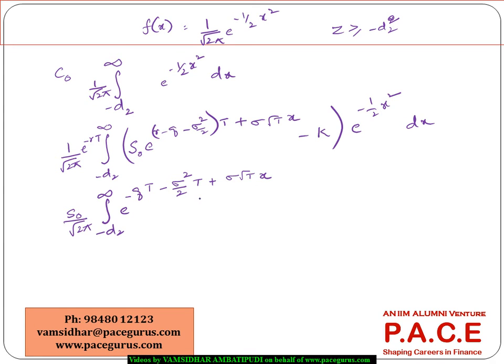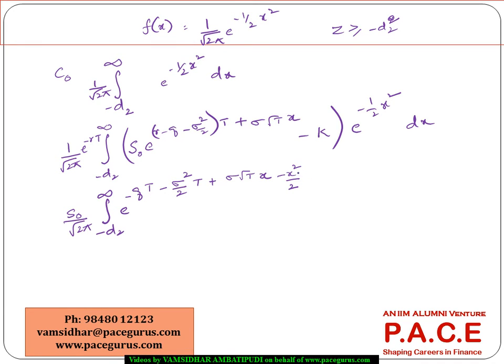Minus sigma squared by 2 times t plus sigma root t times x, multiplying this with minus x squared by 2. So it becomes minus x squared by 2.